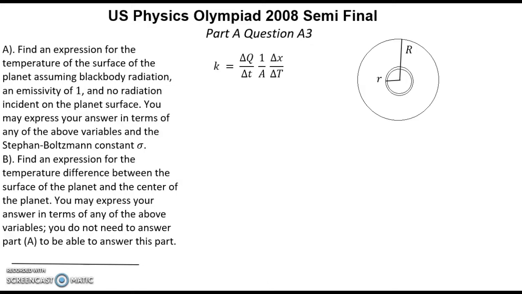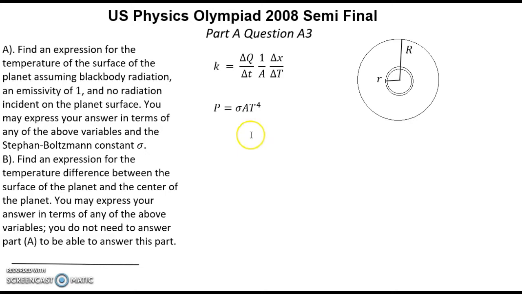Question A. Find an expression for the temperature of the surface of the planet assuming black body radiation. According to the Stefan-Boltzmann formula, we have power proportional to temperature to the power 4, P equals sigma A T to the fourth, where sigma is the Boltzmann constant, A is area and T is absolute temperature.